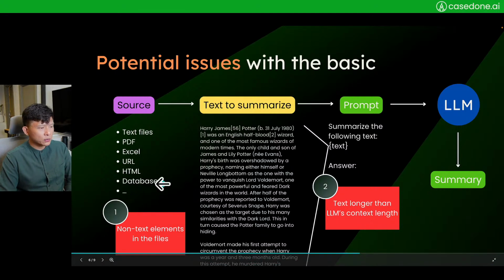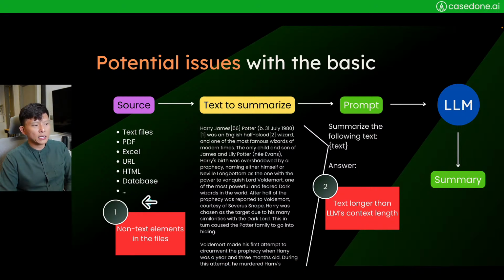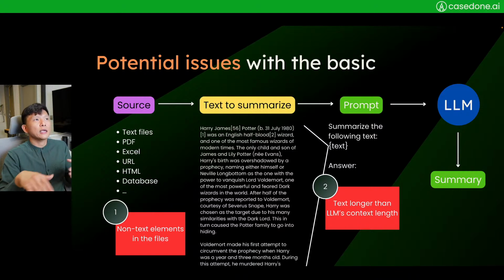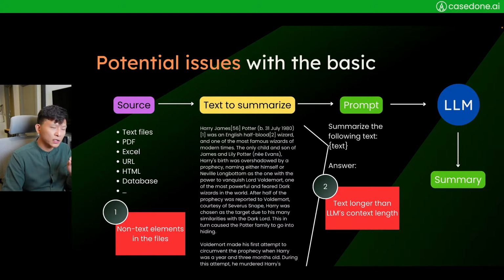One of the issues is that there could be non-text elements in the files, for example images, embedded objects like audio files, and graphs. Most LLMs cannot handle these off the bat unless people do some coding or manipulation. But usually the LLM will not handle non-text elements. So that's the first challenge.